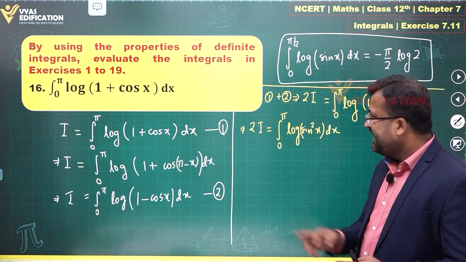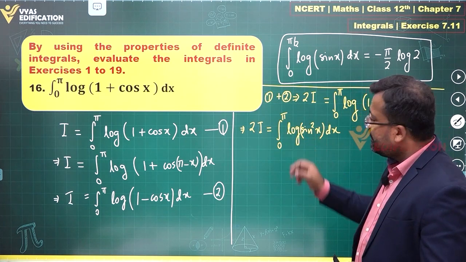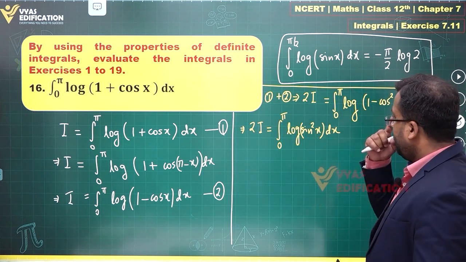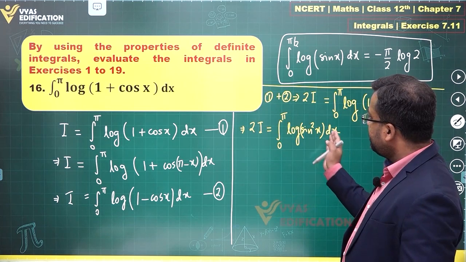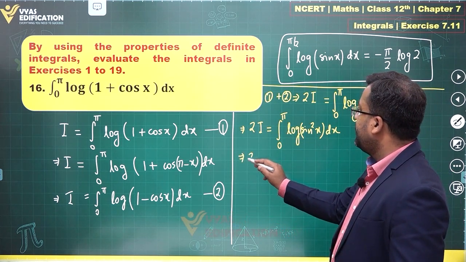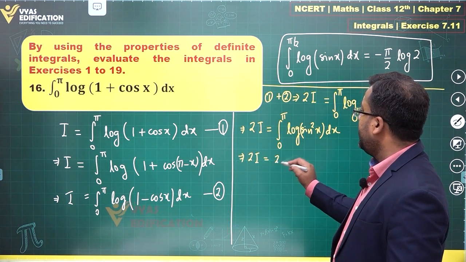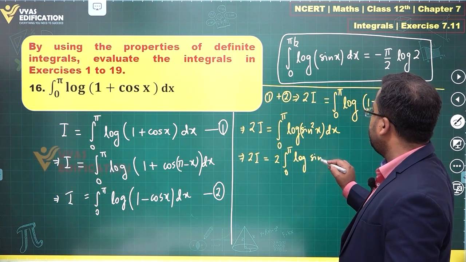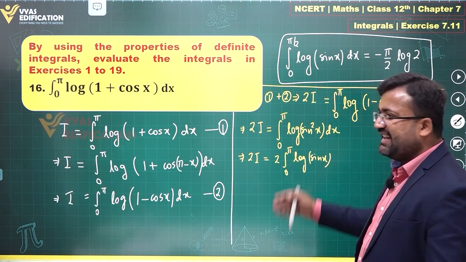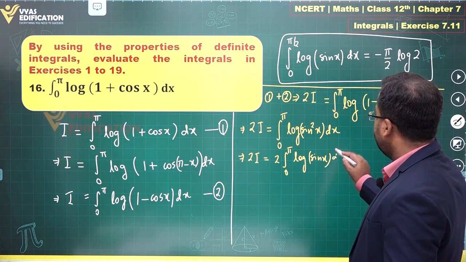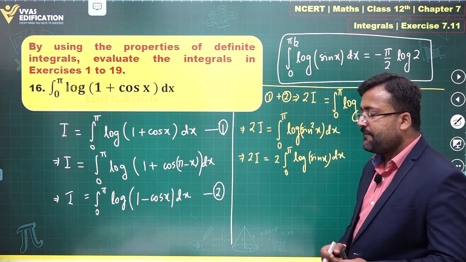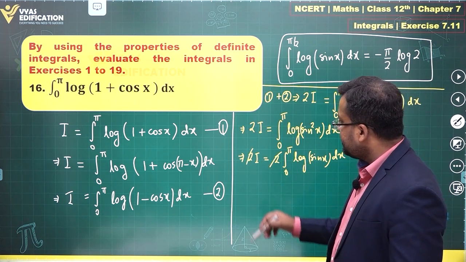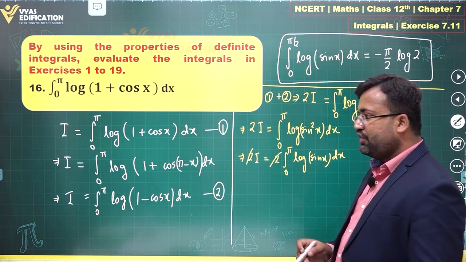Do you observe? That power 2 can come down, and you'll get modulus sin x over here, 2 times this. So 2I is equal to 2 times the integral from 0 to pi of log of mod sin x, which will actually be sin x only, because in the interval 0 to pi, sin x is positive. So I'll directly write this. This 2 gets cancelled with this 2, and I will get I equal to this.